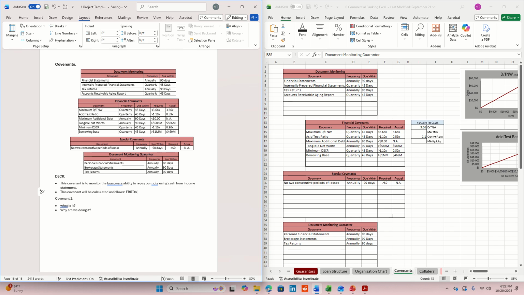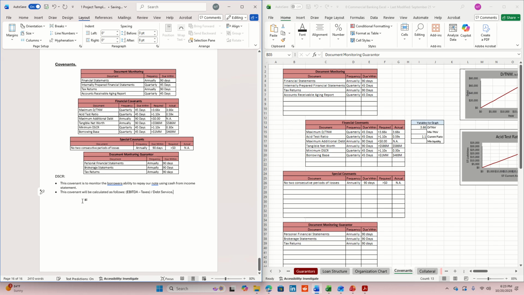We're going to do EBITDA less taxes, EBITDA minus taxes, divided by debt schedule. Divided by debt service, not debt schedule. Debt service. Now covenant 2, you can just remove this.